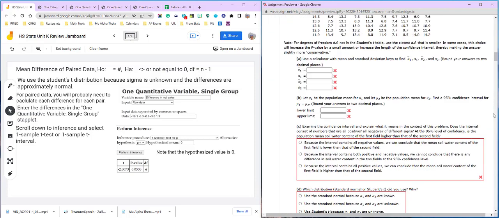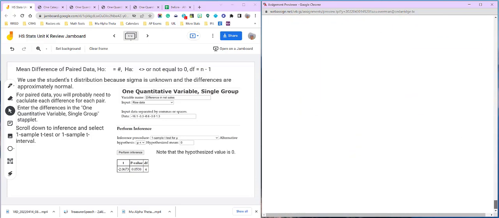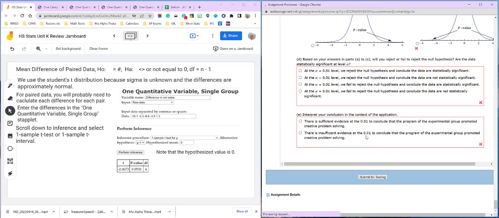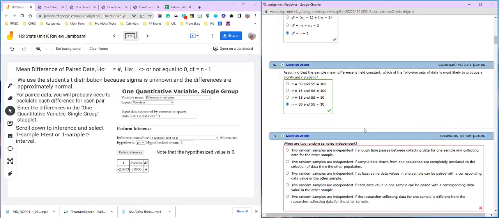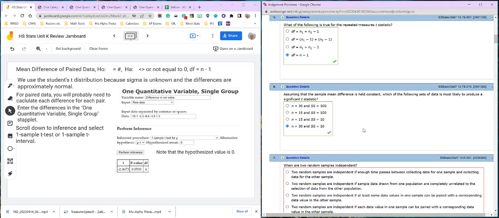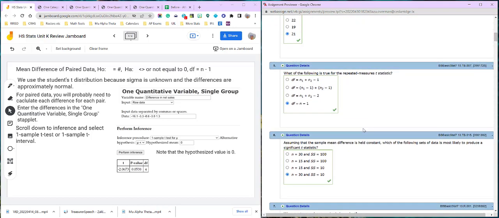So let me go ahead and do a check on this, just see how we're doing. Submit for testing, make sure I'm right on that last one. All right, there we go. So far, so good. So that's questions 1 through 6. Again, the main thing is to remember that degrees of freedom equals n minus 1, or n is degrees of freedom plus 1. All right, and you also want the smallest standard deviation and the biggest sample size for this one.